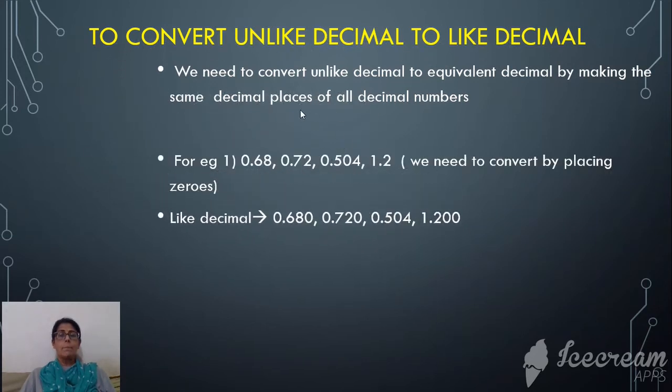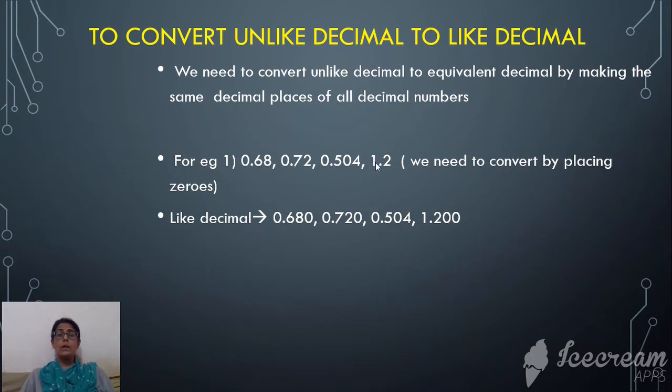See, one example I have written here: 0.68, 0.72, 0.504 and 1.2. Now we need to convert all these decimal numbers by placing zeros, right? So first number we will check here, 0.68.